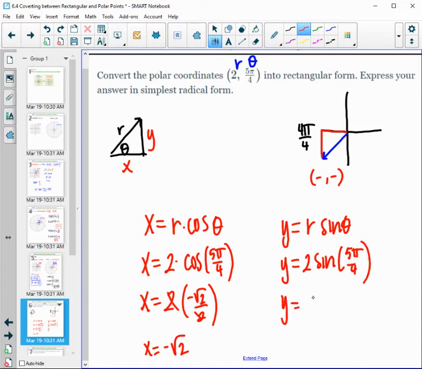The sine of 5 pi over 4 is negative root 2 over 2 as well. The 2's will cancel, so your y is equal to negative root 2 as well. So your rectangular point is negative square root 2, negative square root 2.